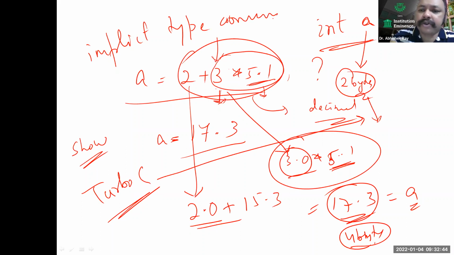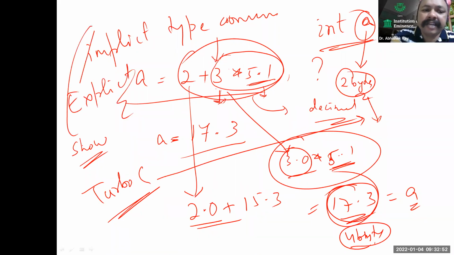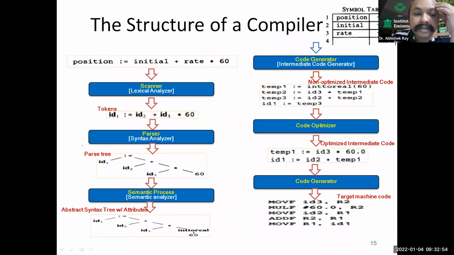The other one I talked about, assigning a floating point to integer A, is explicit type conversion. These elements are taken care of by the semantics, the behavior, which corrects how exactly it should behave while you execute it.